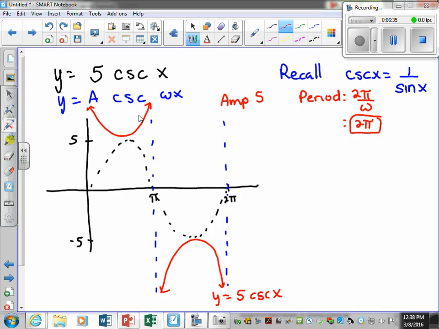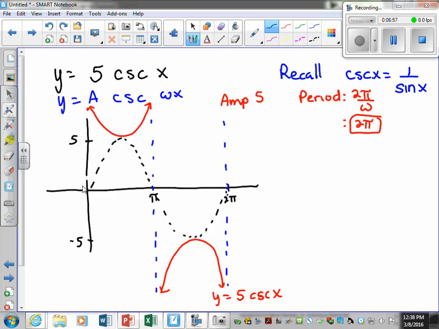So what we did is we used our sine graph to help us sketch the other one. Now if I wanted exact values, if we wanted exact values of these, we would make an XY table just like we did with the sine and cosine lesson, and we would get the same kind of values.